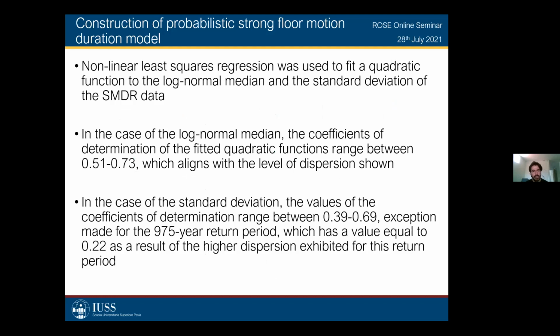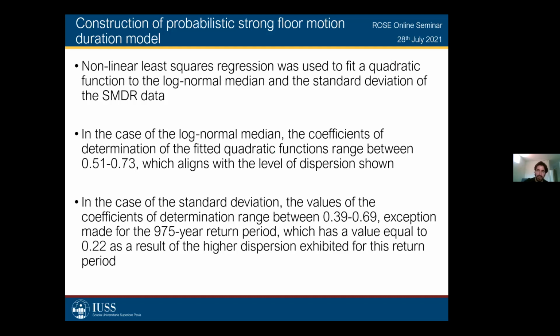I use the log normal median and the standard deviation because, as many of you probably know, there are a lot of different parametrizations that probability distributions have, and it depends a lot on the software that you're using. This was used with a Python library, and Python uses a parametrization with the log normal median and the standard deviation of the normally distributed parameter. So that's why these two parameters were selected, basically.